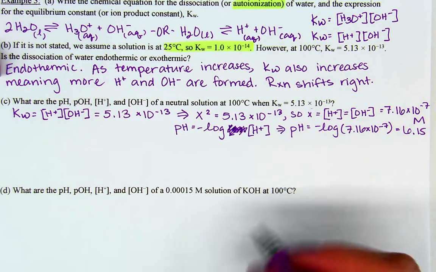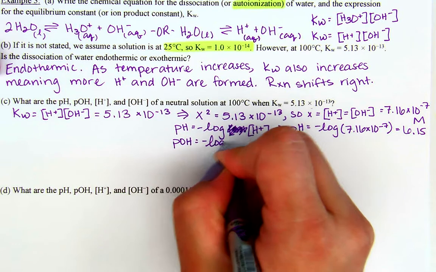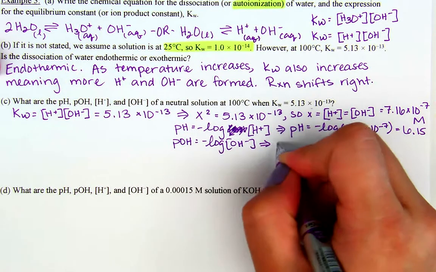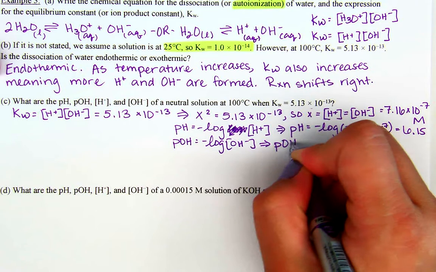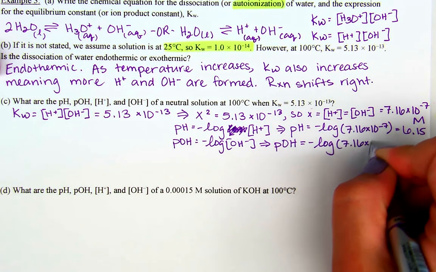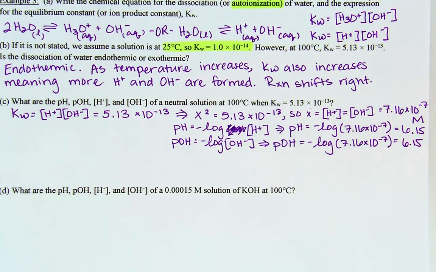So let's go ahead and find our pOH. pOH is negative log of the hydroxide concentration, which is the same number, equals 6.15. So pH and pOH here are going to be equal to each other, and that's the definition of something being neutral.